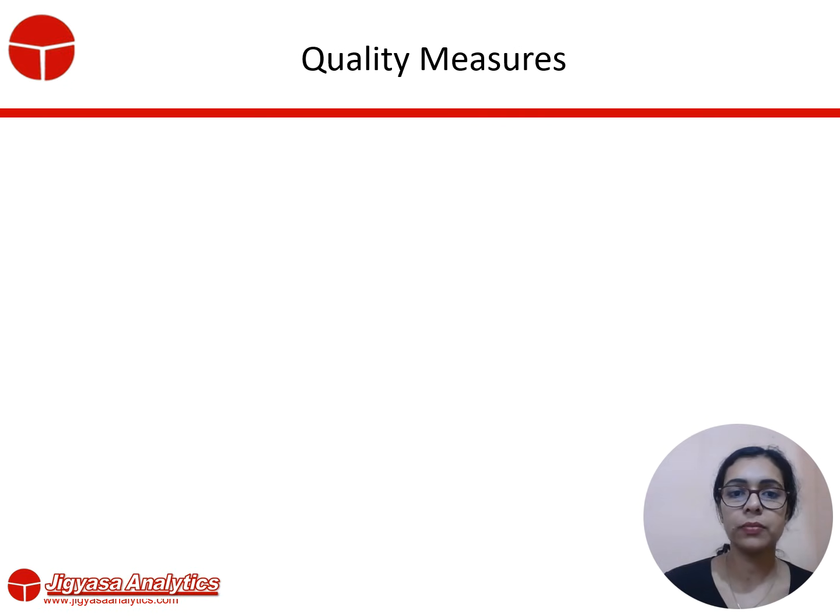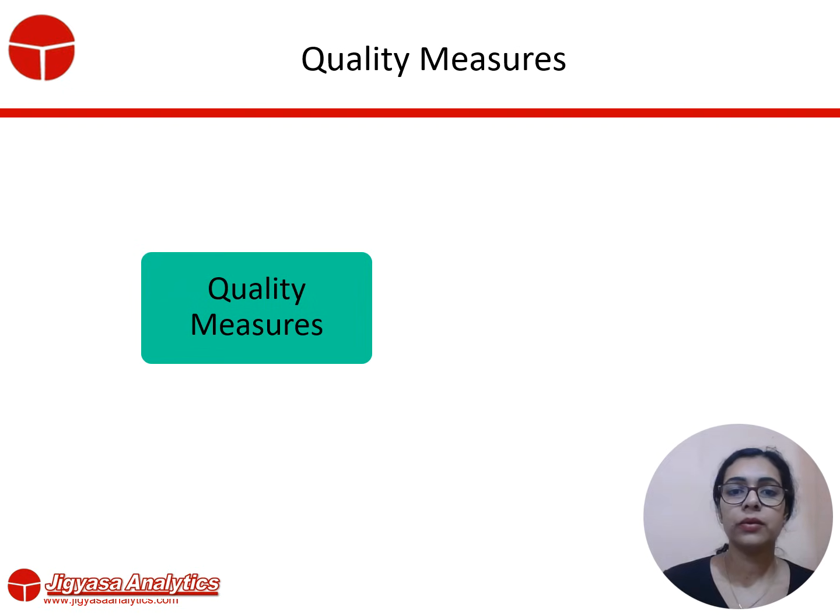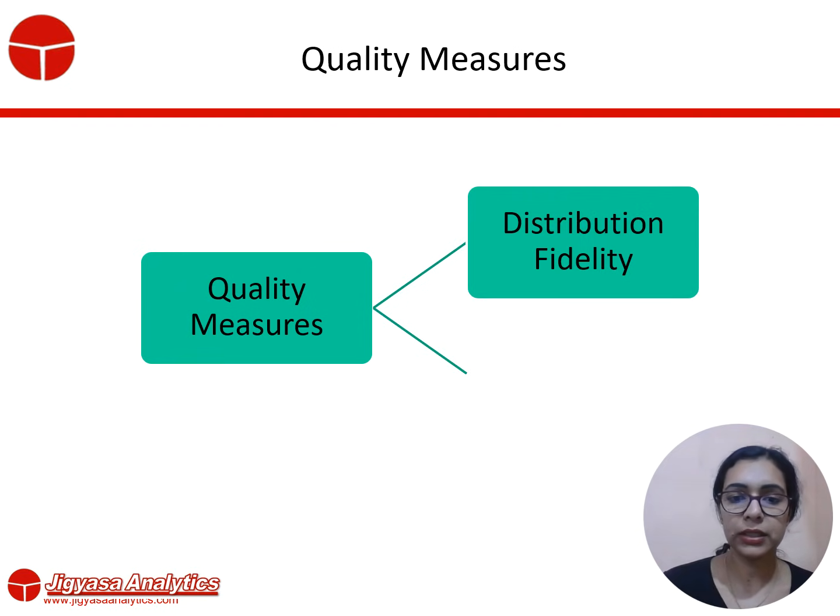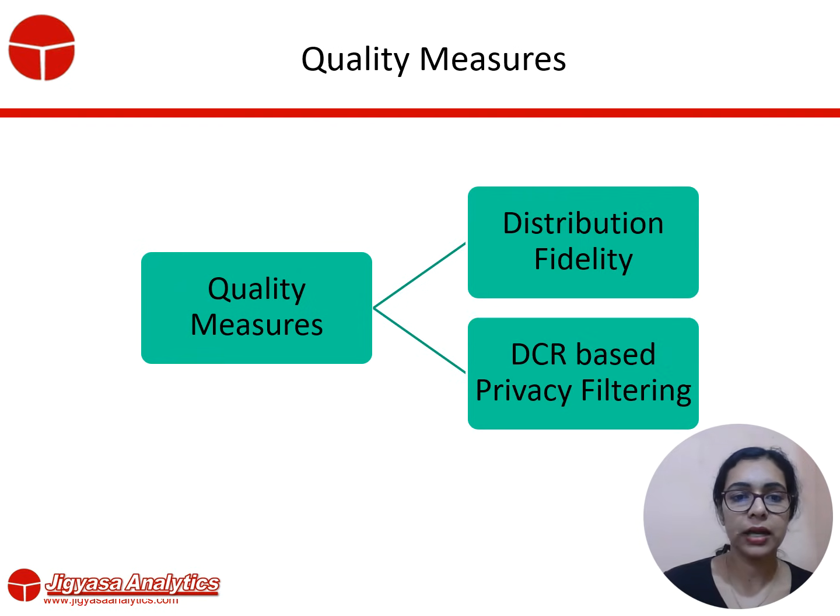Today, I will talk about the quality checks we use to make synthetic data more reliable. When we create synthetic data, two big challenges come up: keeping the data similar to the real data and protecting the privacy. To solve these issues, we use two key measures: distribution fidelity and DCR-based privacy filtering.